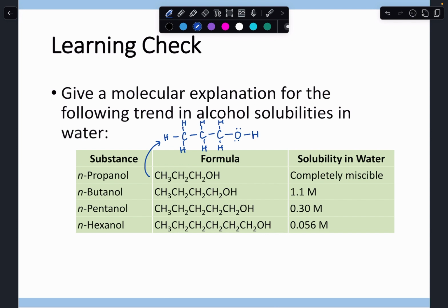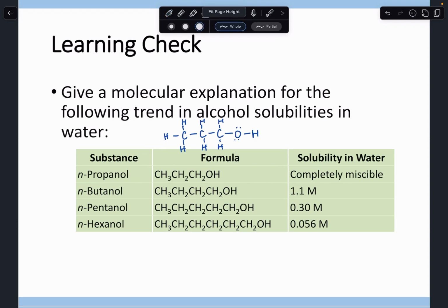But butanol, so if we take, I'm going to replace one of these hydrogens with a carbon. So now this is butanol, and this is just to demonstrate how these molecules change as you go down this table. Adding that extra carbon there reduces the solubility of that alcohol.